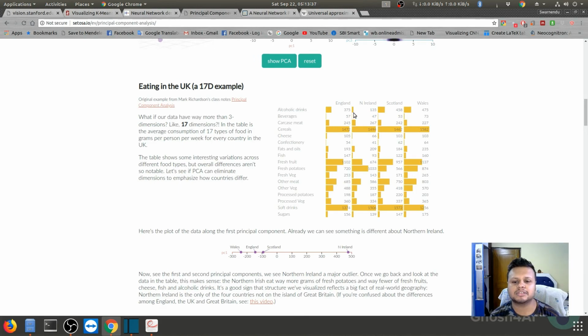So alcoholic drinks, okay, England, Scotland and Wales have much more consumption of alcoholic drinks as compared to Northern Ireland, and same is true for many other samples.